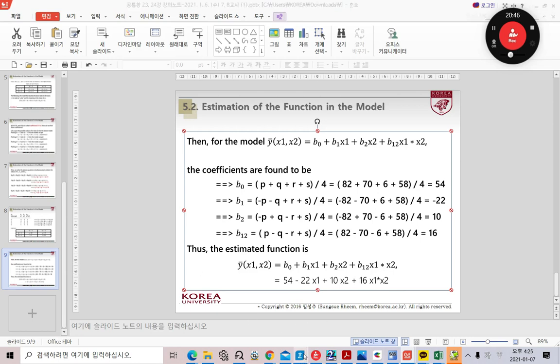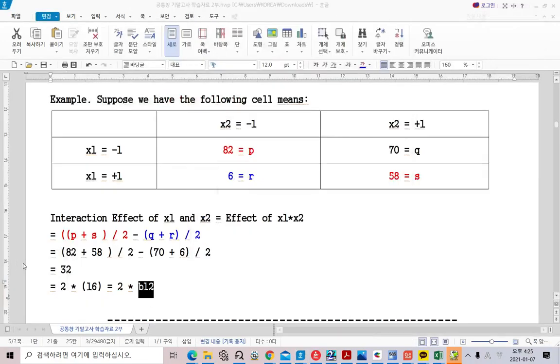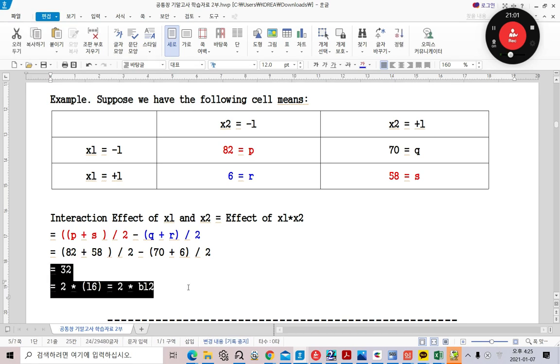So 32 is 2 times 16, which is 2 times B12. Again, we found the factor of 2 times the coefficient.